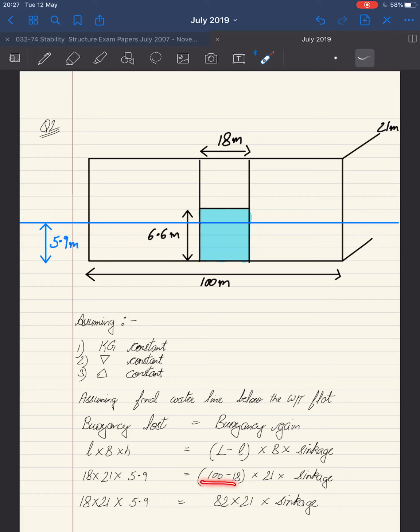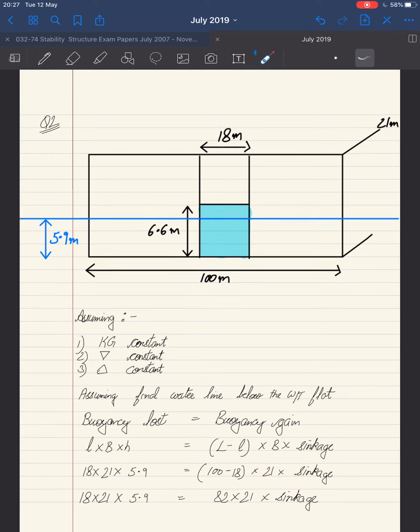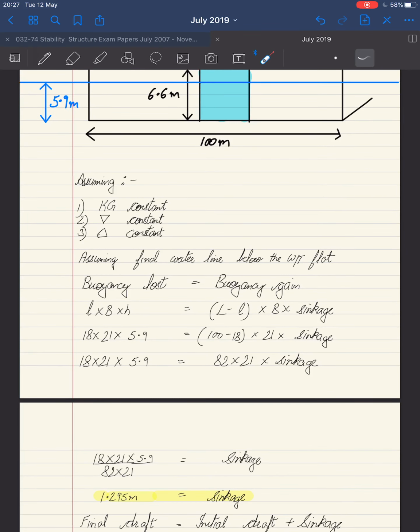So this is given by 100 minus 18, times the breadth of the vessel, 21 meters, times the sinkage. When we solve it further, we get 18 multiplied by 21 multiplied by 5.9 equals 82, by solving this bracket, multiplied by 21 multiplied by the sinkage.